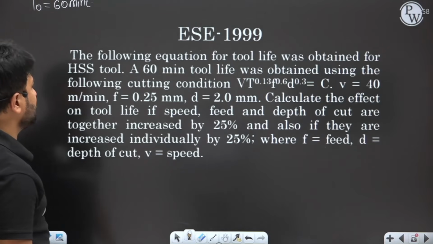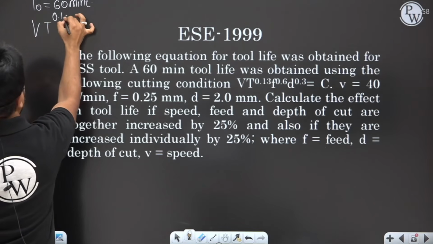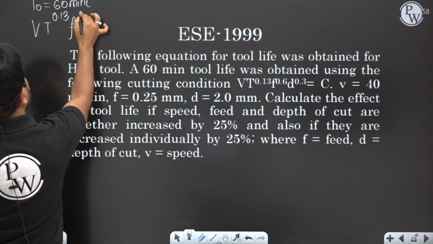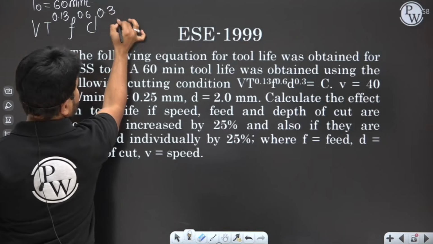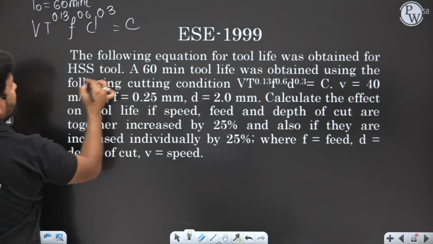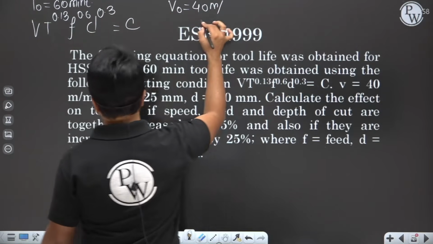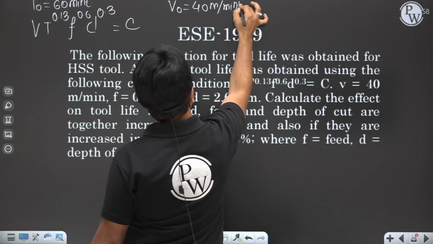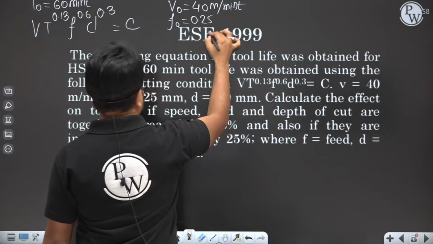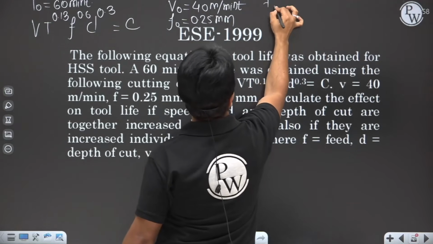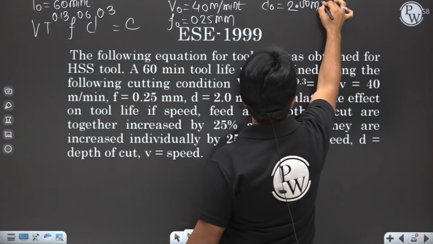Using the following cutting condition: V T to the power 0.13, feed to the power 0.6, depth of cut to the power 0.3 equal to C, where the initial velocity is V0 equal to 40 meter per minute, F0 is 0.25 mm, and the initial depth of cut D0 is 2.00 mm.